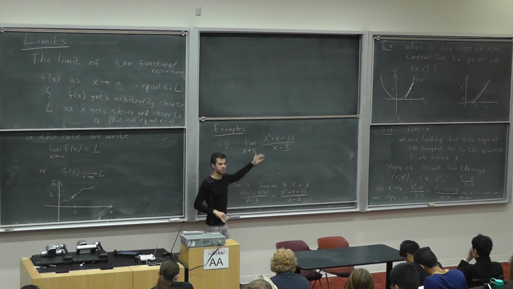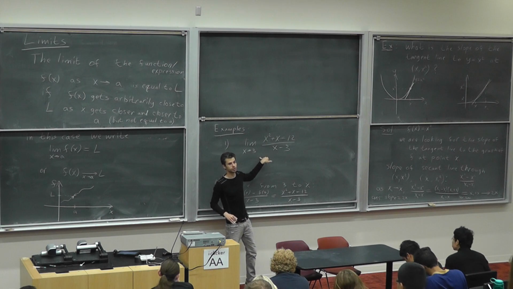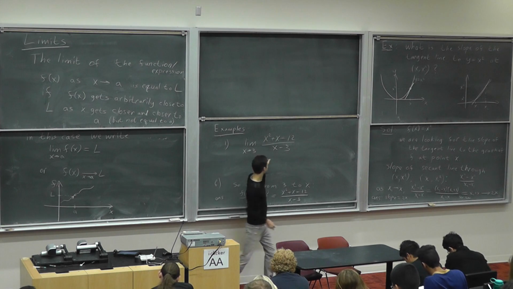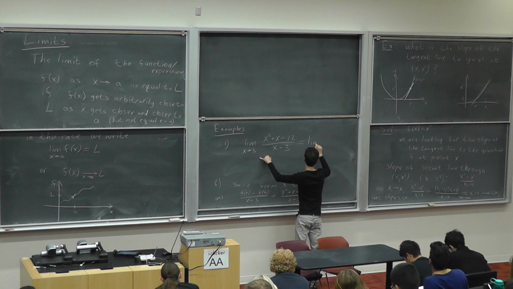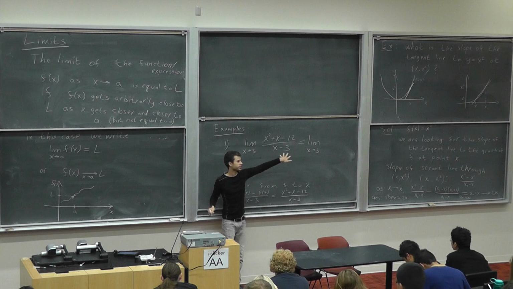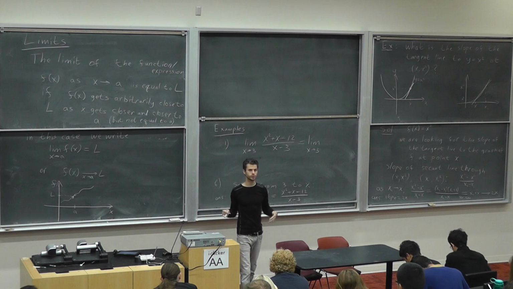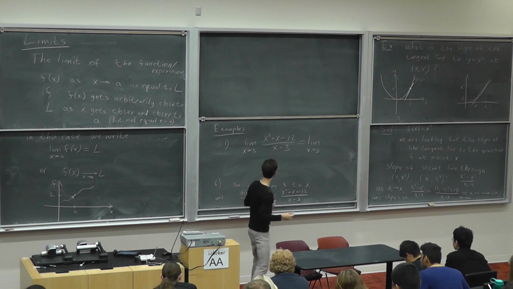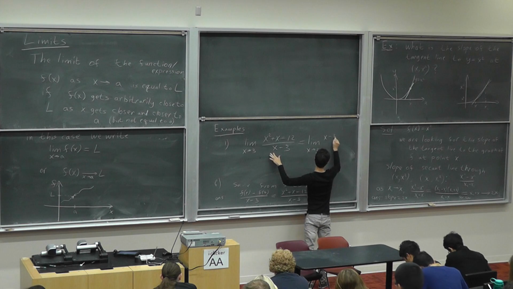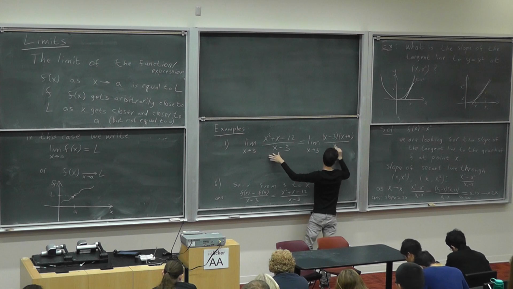So this is the same as asking what happens to this thing as x gets closer and closer to 3. Well, the answer is exactly what we did before. We can't quite argue about the numerator and denominator separately because both approach 0. But once you factor, we get x minus 3 times x plus 4 divided by x minus 3.